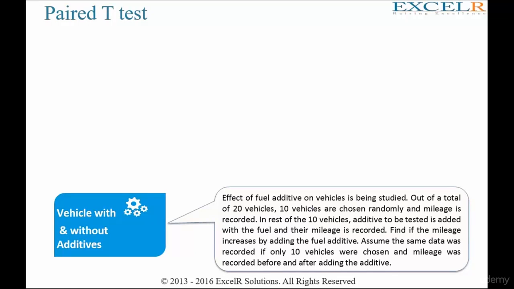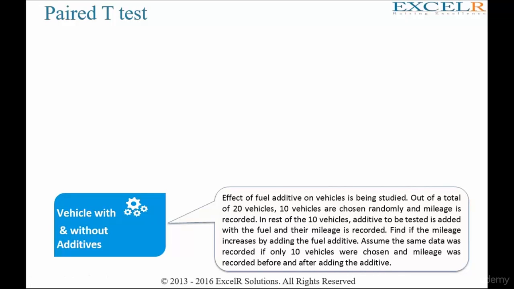Out of the 20 vehicles, 10 vehicles are randomly chosen and mileage is recorded. In the rest of the 10 vehicles, additive is added. We need to find if the mileage increases by adding the fuel additive. Assume the same data was recorded if only 10 vehicles were chosen and mileage was recorded before and after adding the additive.